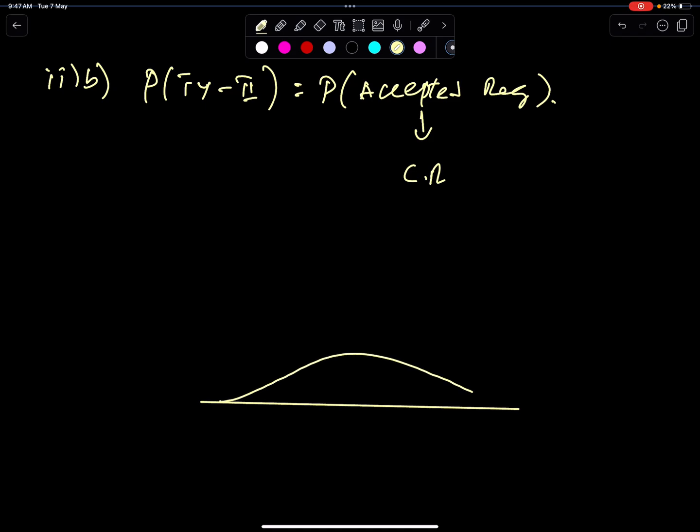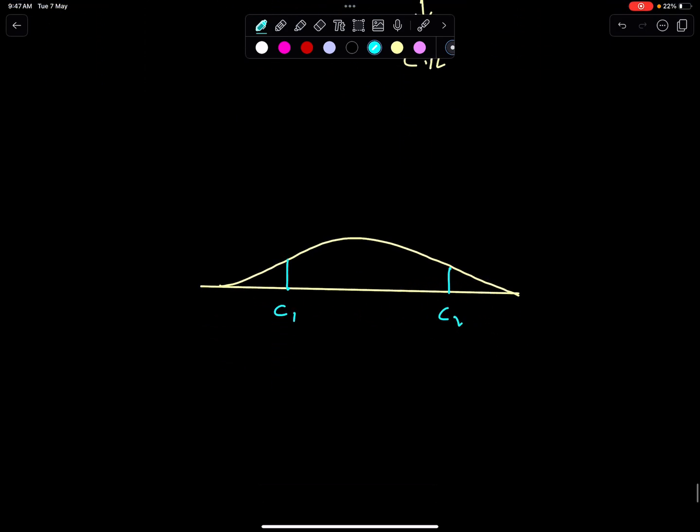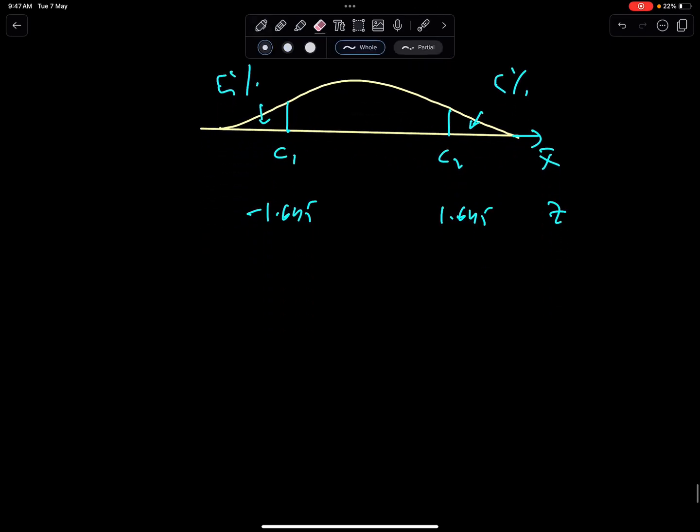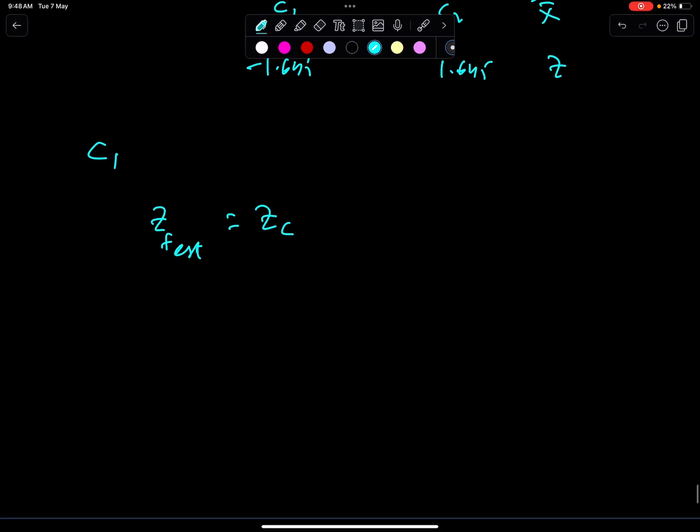Now let's learn how to find critical regions in a two-tailed test. C1, C2. This sketch is for X bar and this is for Z. This is 1.645, minus 1.645. 5% area. Now we need C1. For C1, write Z test is equal to Z critical, and Z test is C1 minus mu naught.